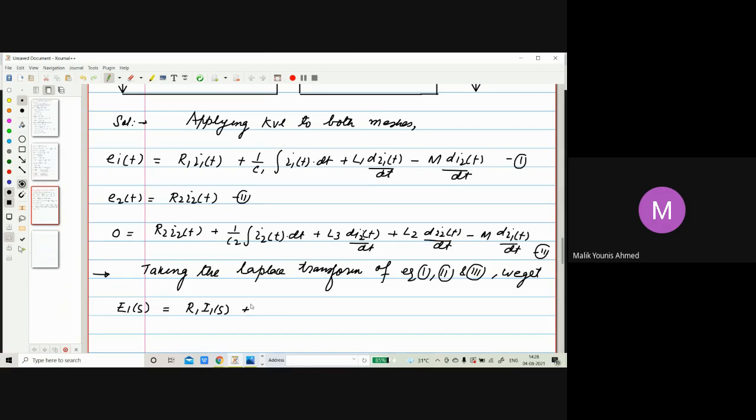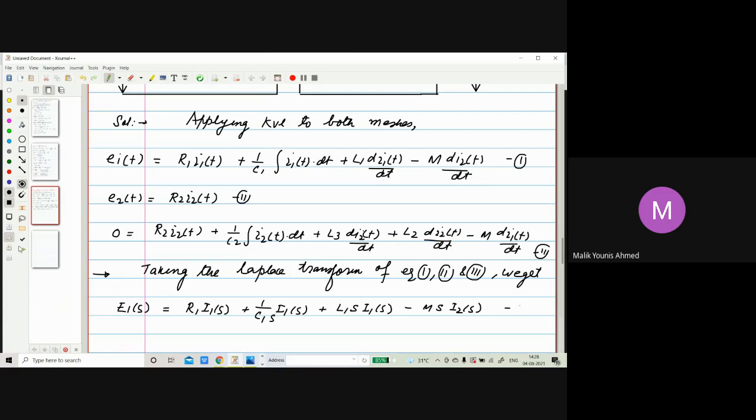You can take 1 by C1 s, that is I1 of s, plus L1 s I1 of s, plus minus, sorry, M s I2 of s.